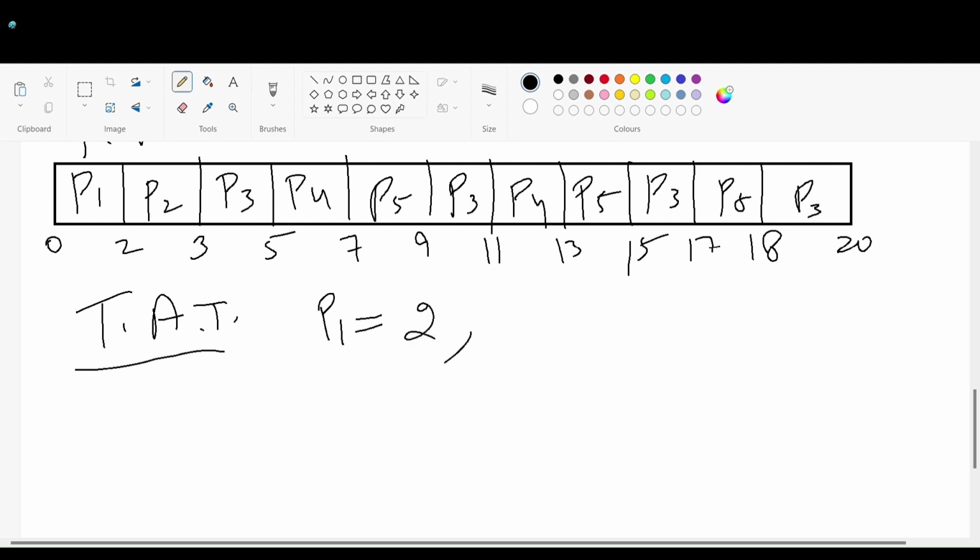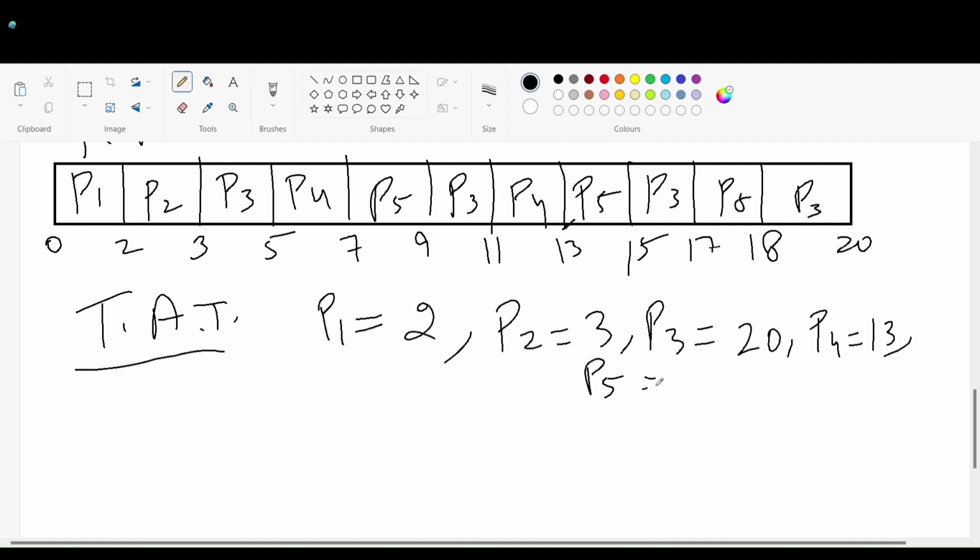So the total turnaround time for P1 is 2, and P2 finishes its execution at 3, right? P3 is 20, right? P4 finishes at 13, and P5 is 18, okay. So this is the total turnaround time.